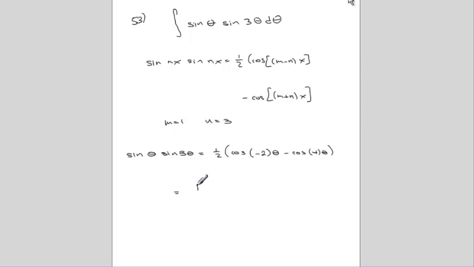Let's go one more step: we have 1/2 the cosine of negative theta... the cosine of -2 theta minus 1/2 the cosine of 4 theta. So we went from a product of sines to a sum of cosines.